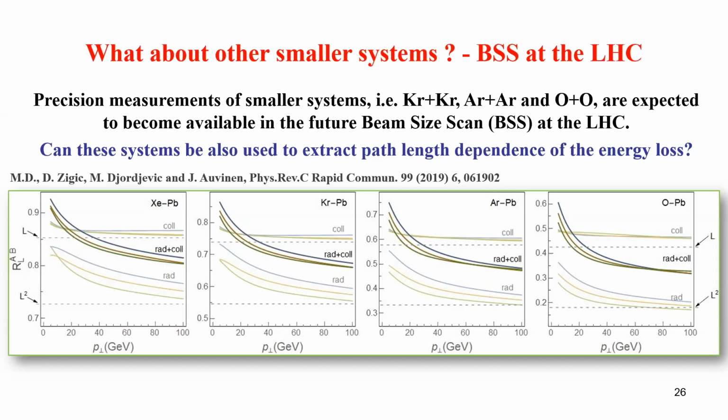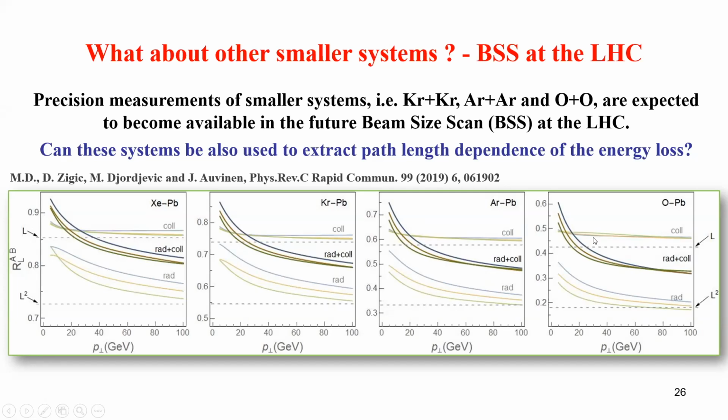And the question is, can these systems also be used to extract the path length dependence of the energy loss? To do this, we concentrate on the charged hadrons because we have shown that we will obtain equivalent results for both light and heavy flavor, but in general, heavy flavor is going to be harder to measure.